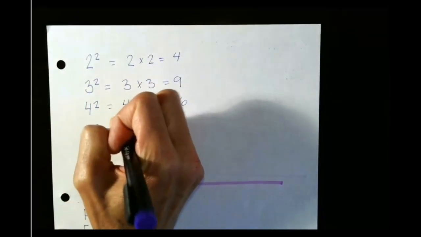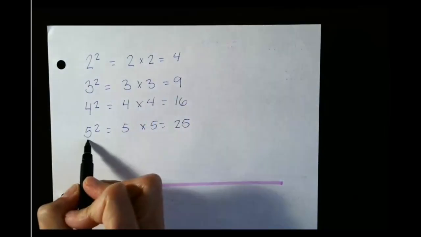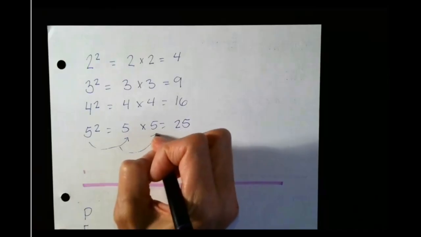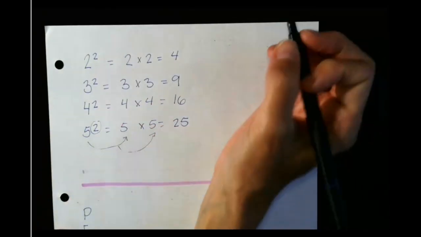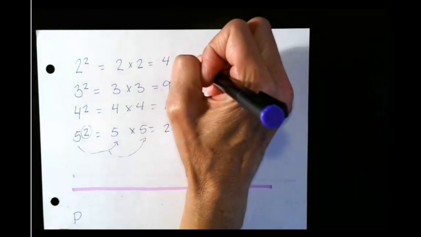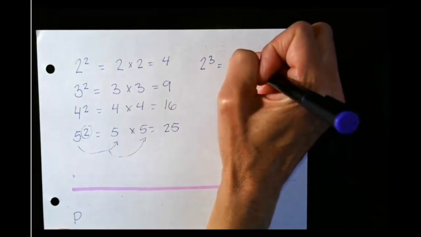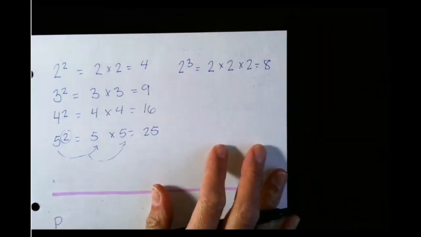And 5 squared is 5 times 5 is 25. So our base number is what goes here, and our exponent is how many times we are multiplying it. And just as an example, if we had 2 cubed, then we would say 2 times 2 times 2.